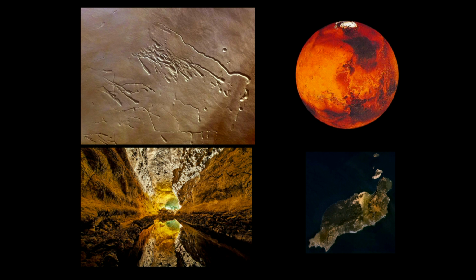And also we have a network of lava tubes in Lanzarote in different parts of the island. This is one of them, with water and without water. So it is important to study, and this is just the beginning, the microbial communities, the mineralogy, the alteration, everything in the interior of the lava tubes.